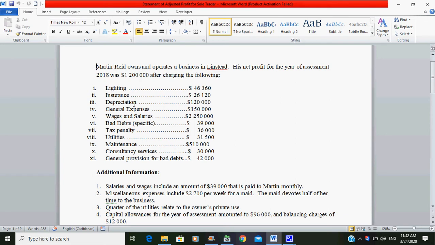You go down to the general provision for bad debt, which will be added back as well. Sorry, I mean general provision for bad debt. My apologies.